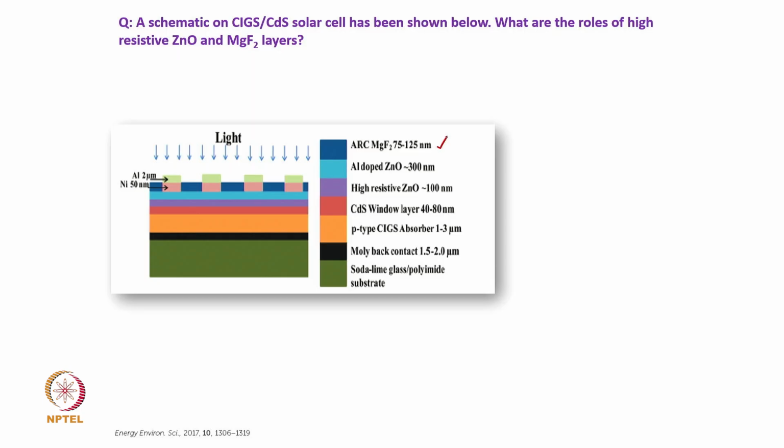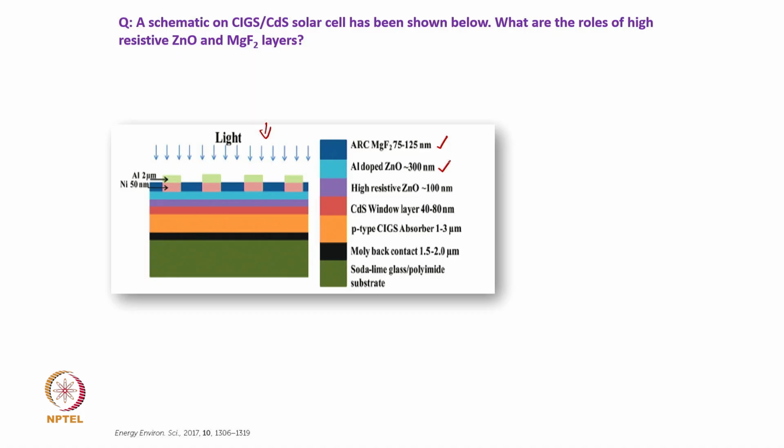The anti-reflection coating, magnesium fluoride, is used, which is typically 75 to 125 nanometer, and light falls from this direction. Then you have aluminum doped ZnO, which is around 300 nanometer. We know the use of the anti-reflection coating at the top: it minimizes the reflection, so that more light goes inside the solar cell.